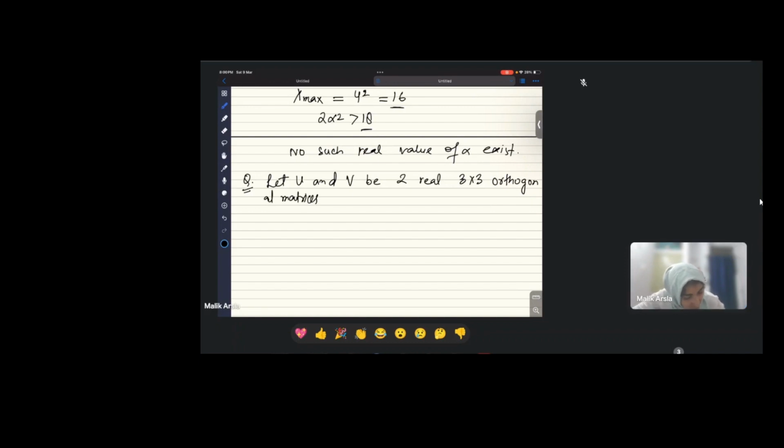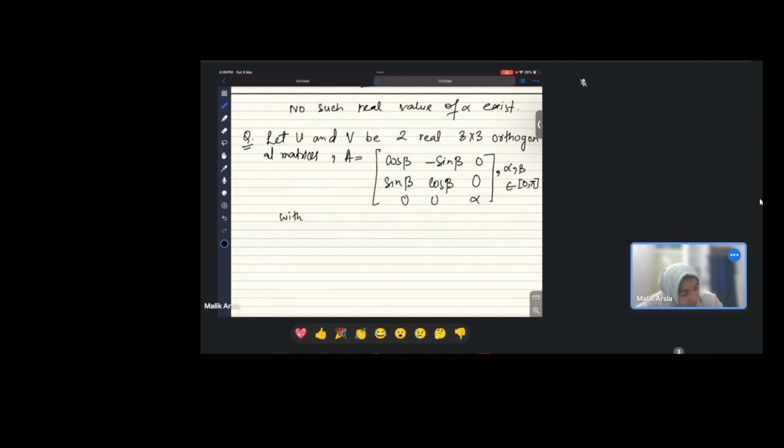The definition is given again, but here A is given as cos of beta, minus sine of beta, 0; sine of beta, cos of beta, 0; 0, 0, alpha, where alpha, beta belong to the closed interval 0 to pi, with the Frobenius norm of UAV given as 3.